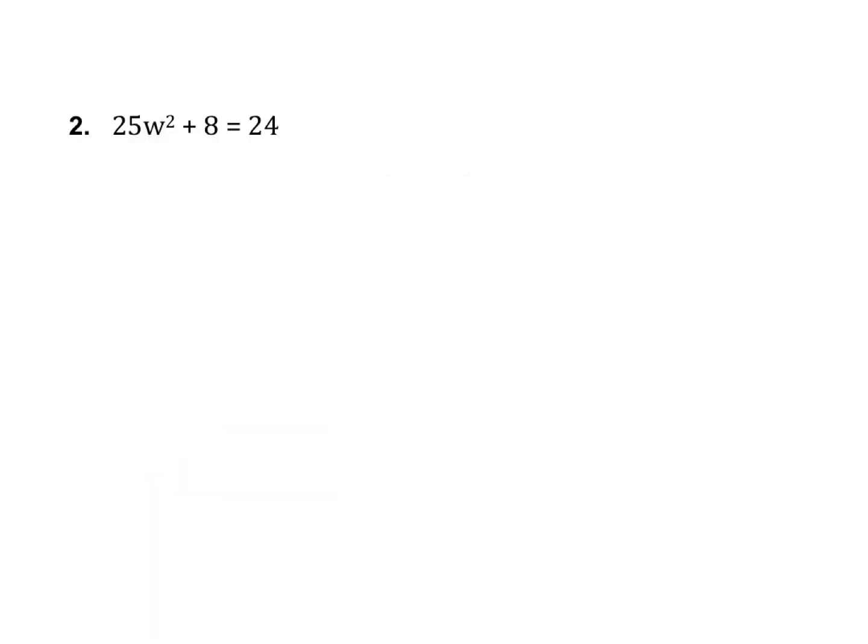All right, question number 2, we have 25w squared plus 8 is equal to 24. Again, we're going to isolate the variable here. So we're going to start by subtracting the 8, and we'll have 25w squared is equal to 16.